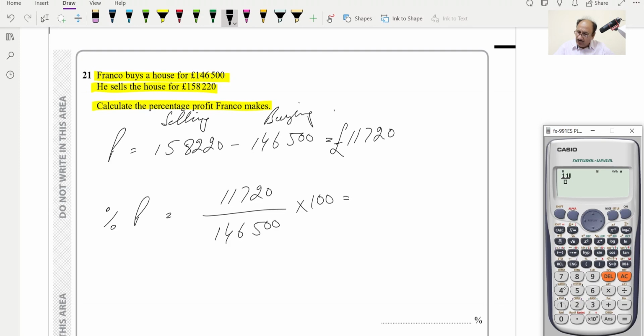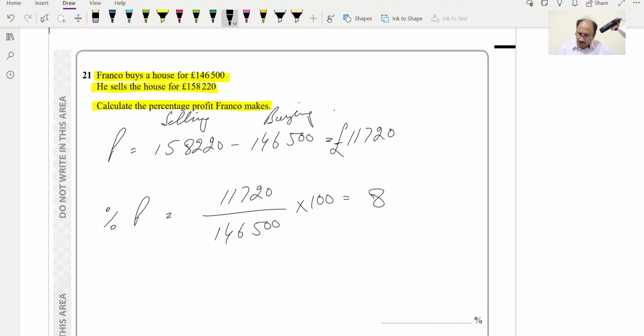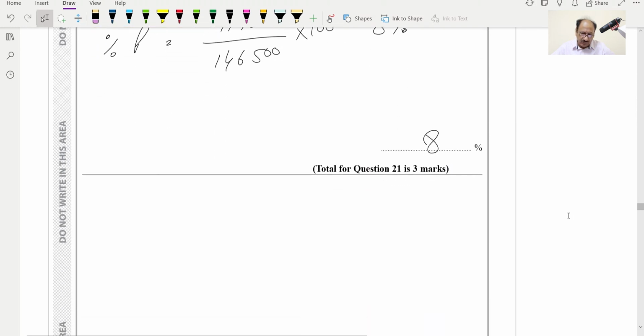Okay, so 11,720 over 146,500, and this will be multiplied by 100 for percentage, and it's 8% basically. So 8% will be our answer for this part, and this was basically a very easy, straightforward 3 mark question which we have done.